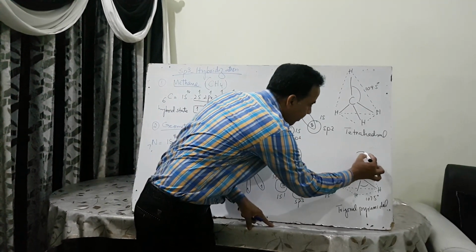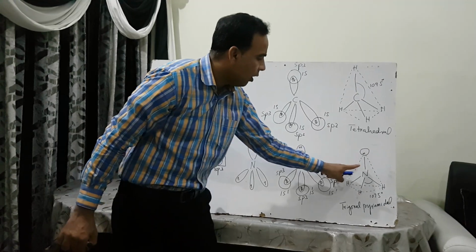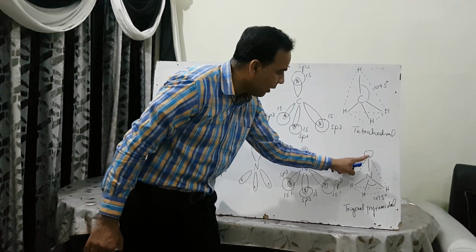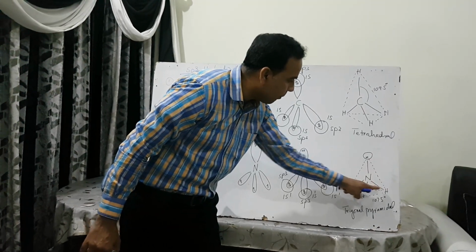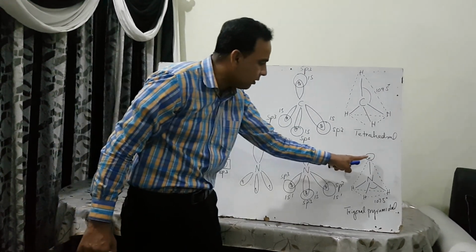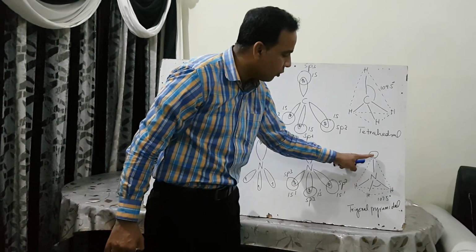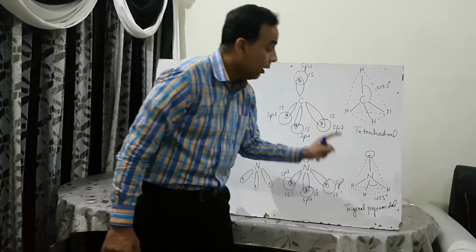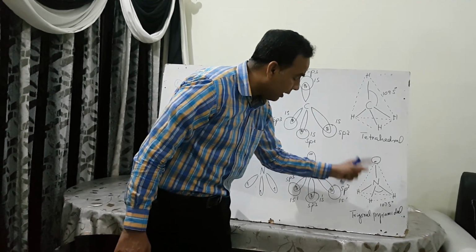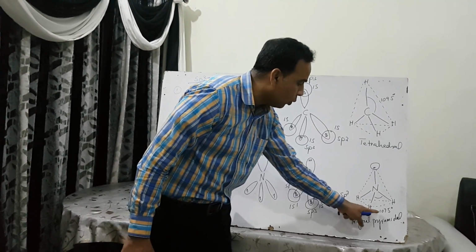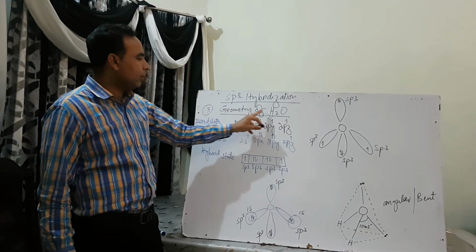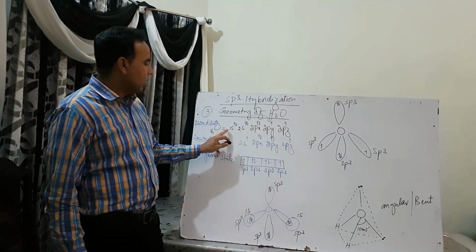This is the lone pair present on the nitrogen atom. These are the bond pairs and this is the lone pair. Due to the repulsion between lone pair and bond pair, the bond angle in ammonia is reduced to 107.5.